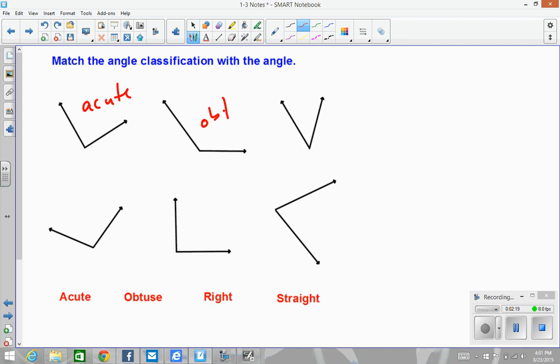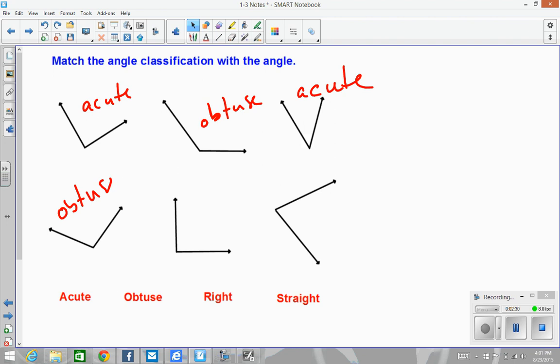This one was obtuse. This was acute. This one was maybe obtuse. This one you maybe thought was right. And this one was acute.